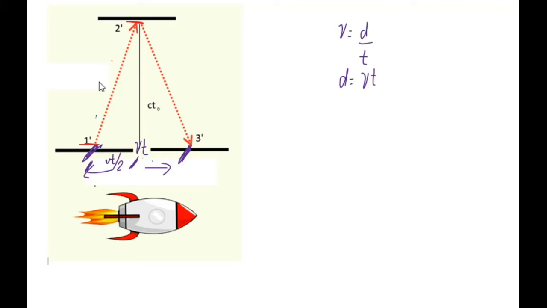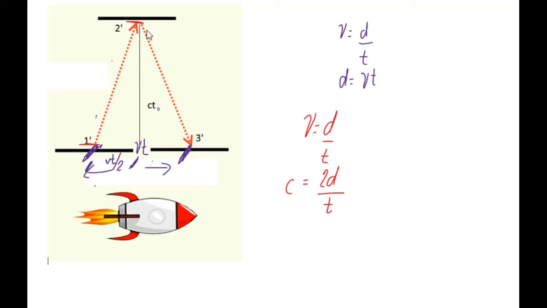Let's say it will still travel a distance D, but it has to travel twice the distance. So V equals distance over time, but it has to travel twice the distance divided by time.